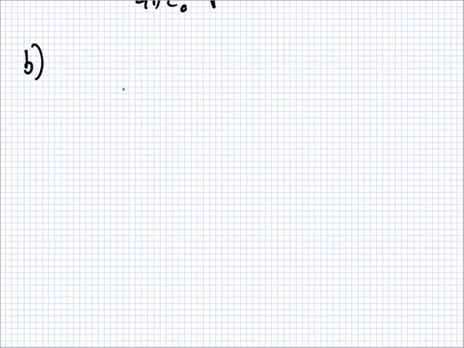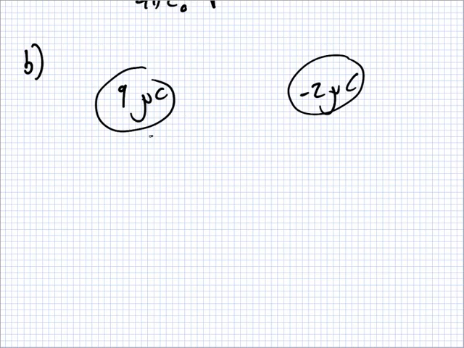You have a 9 microcoulomb and a -2 microcoulomb charge, and they are 10 centimeters apart. Determine the point where the forces between them will be 0. So we'll call this distance x, and where do you think it would be?